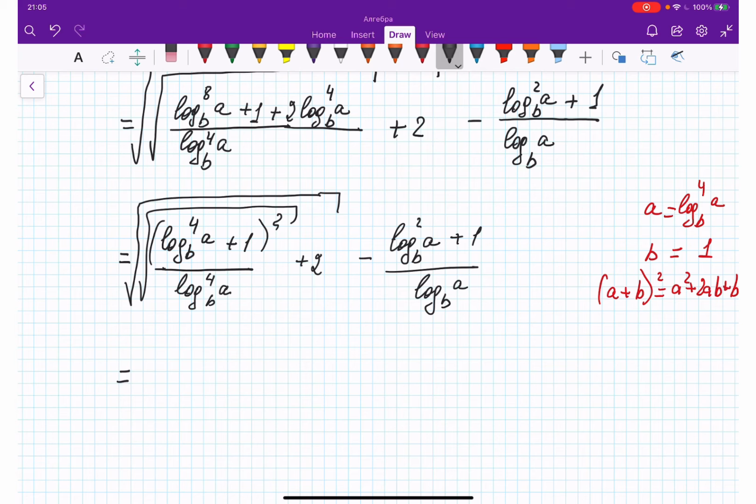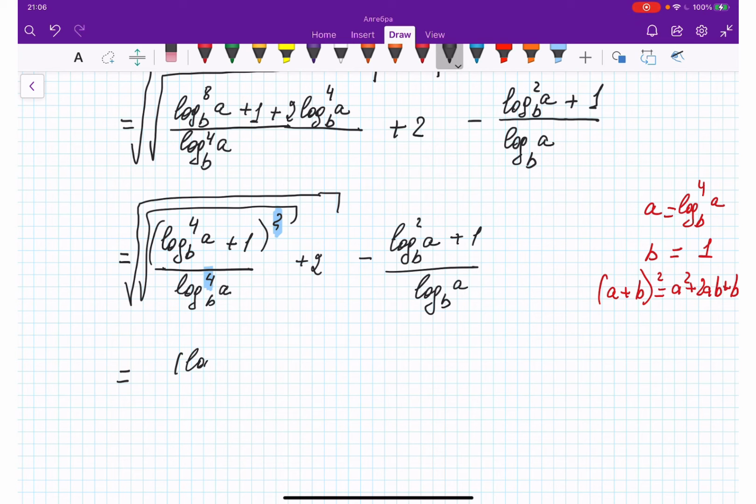Okay, so from here, as you can see, I have a square here and degree 4 there, so I can take out of this inner square root this expression.